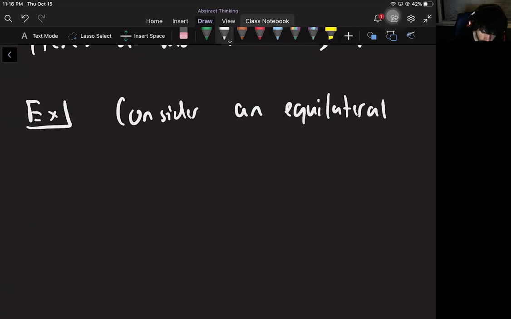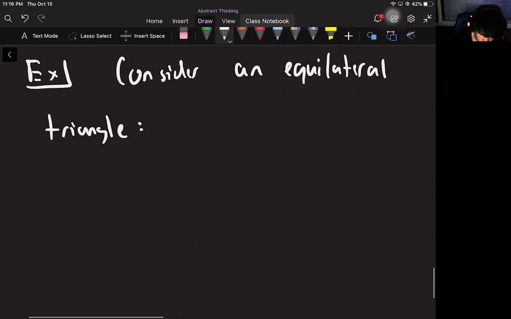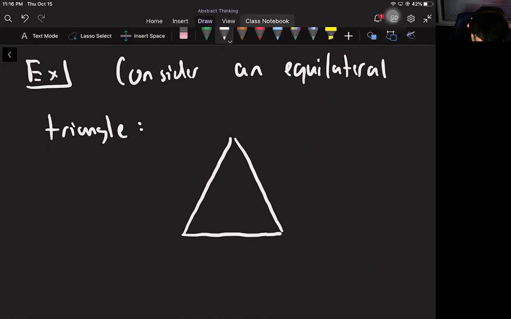Now don't get scared. You're not going to have to remember trig or geometry really. So an equilateral triangle, and I'm going to label the vertices A, B, and C, like that.